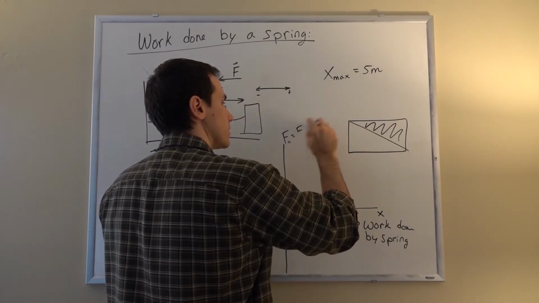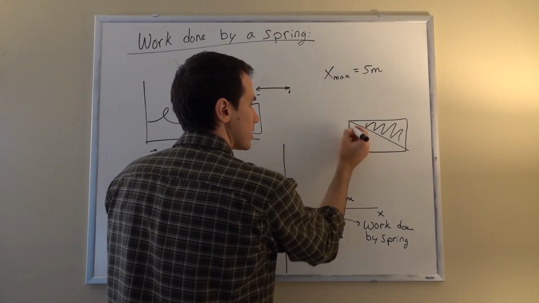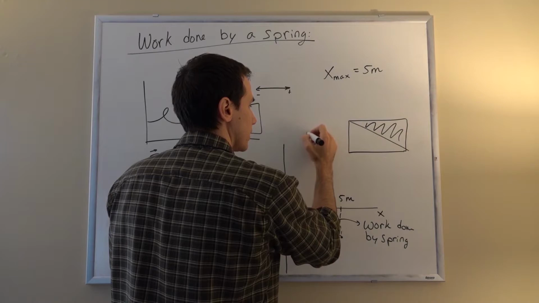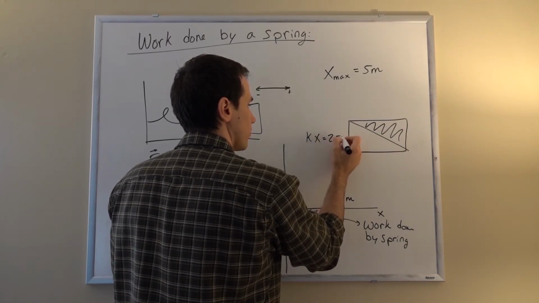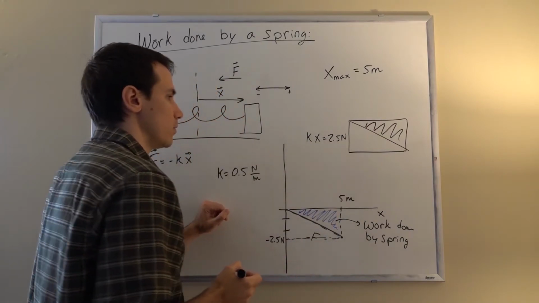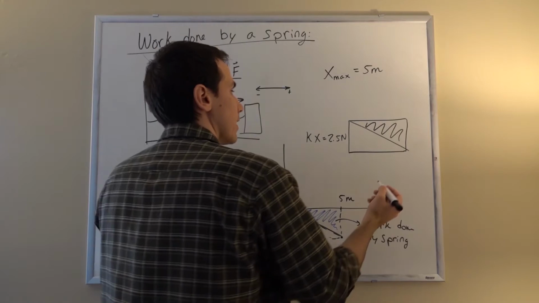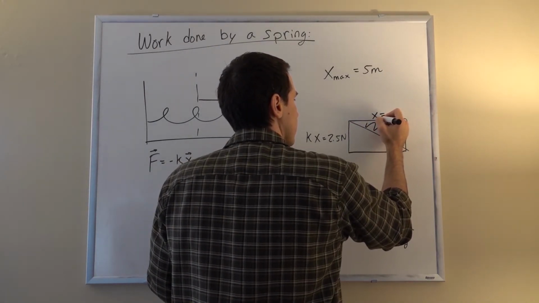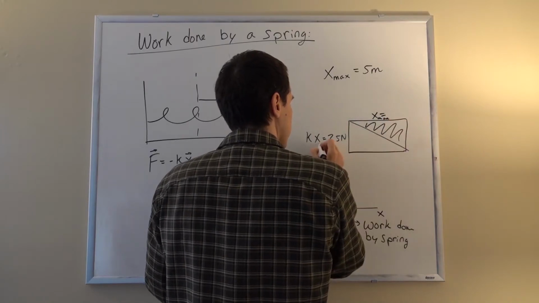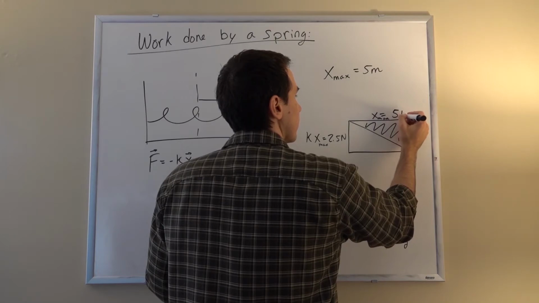So erasing this just so that I don't overlap. This side here looks like k times x is 2.5 newtons. That's the length of that side. And the length of this side is, of course, x max is 5 meters.